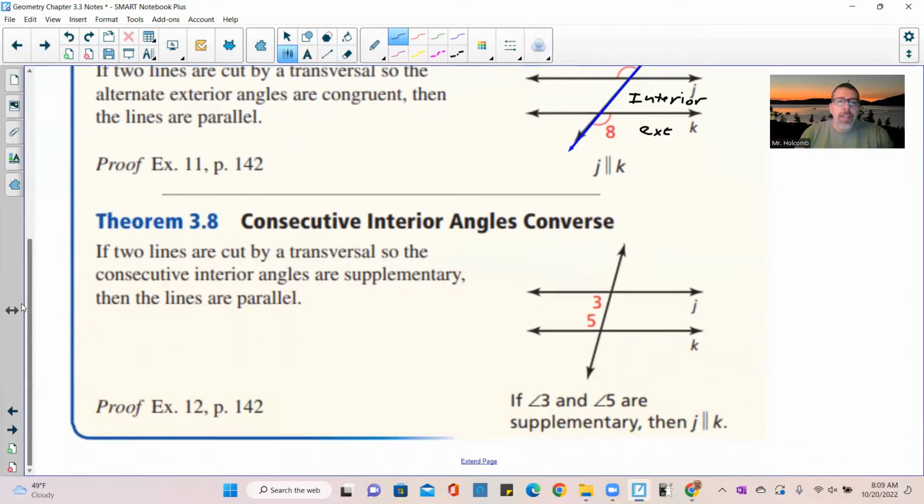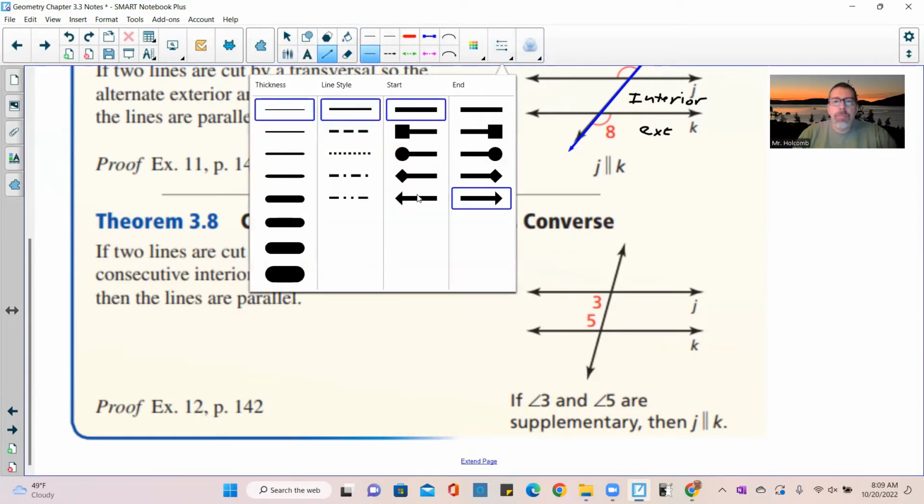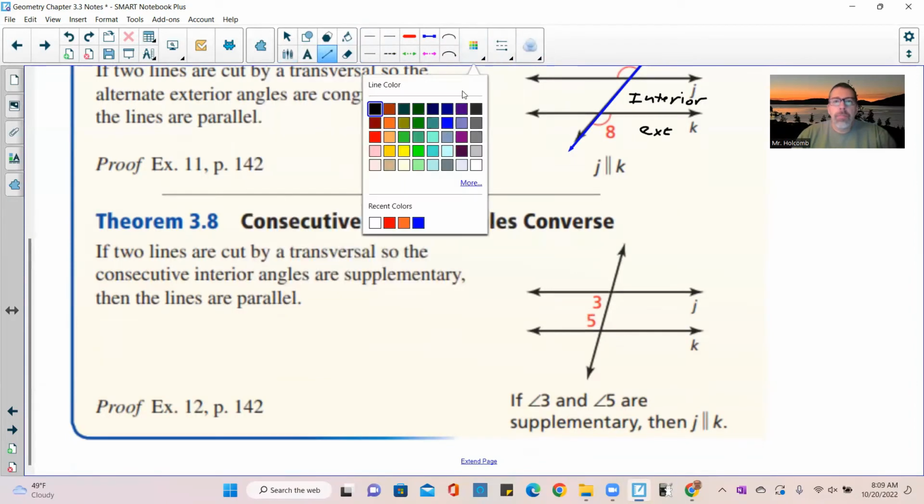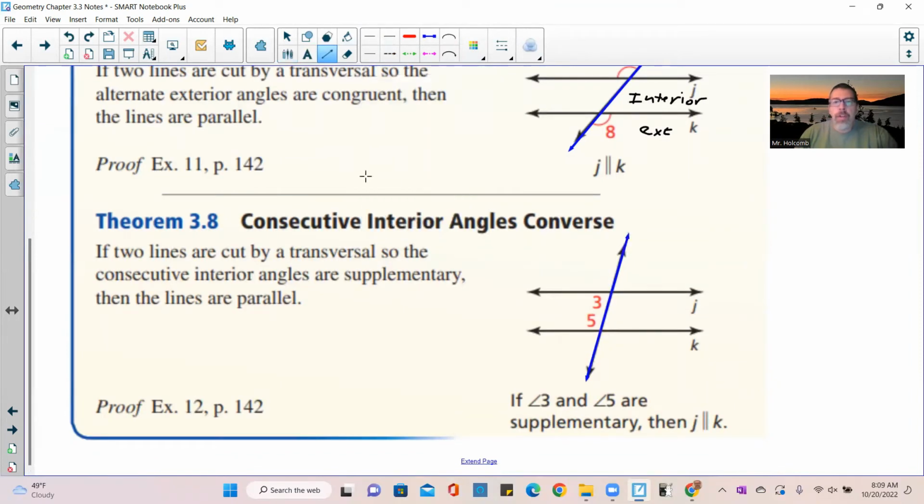Okay, and then finally theorem 3.8. Again, where's my transversal? It is the one line that crosses two or more lines. That is the only transversal in this diagram. So it says if two lines are cut by a transversal, and J and K are cut by a transversal, so the consecutive interior angles are supplementary, then the lines are parallel.